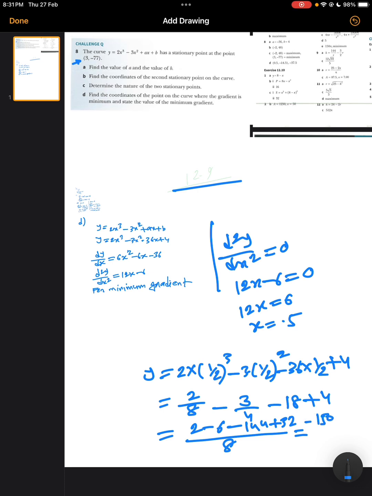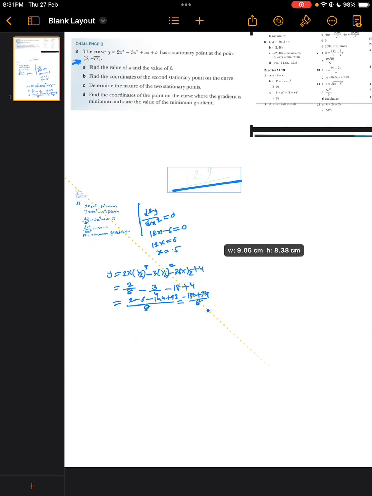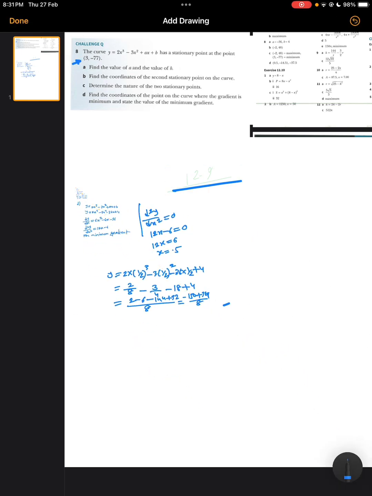So minus 150 plus 34 divided by 8. It would become minus 116 over 8, which is 14.5.